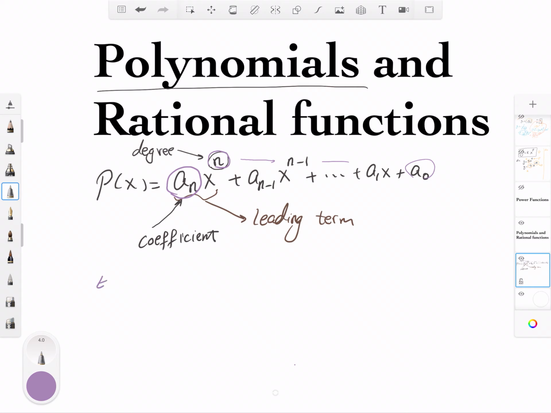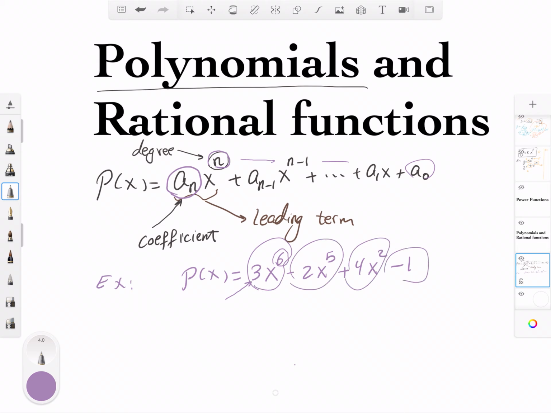For example, p of x equal to 3x to the power of 6 minus 2x to the power of 5 plus 4x squared minus 1. This polynomial has a highest degree of 6. The leading coefficient is 3. We have 1 term, 2 terms, 3 terms, 4 terms.